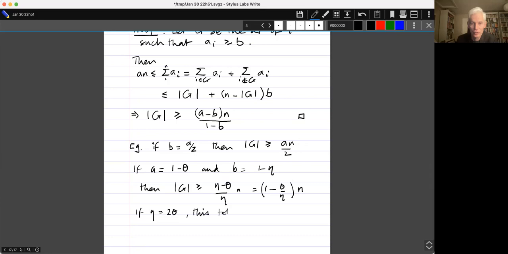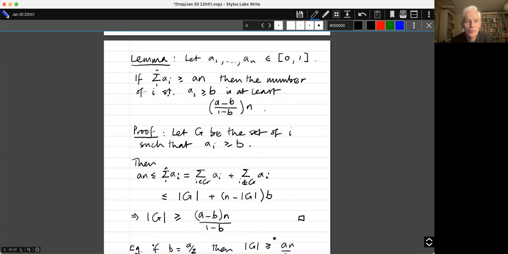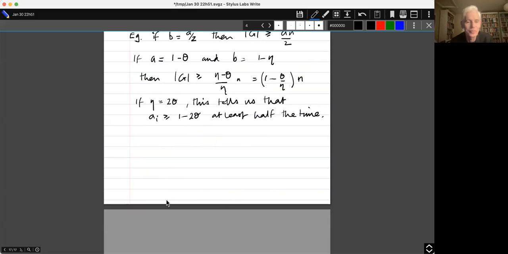This tells us that A_i is greater than or equal to 1 minus 2 theta for at least half the values of i, because then 1 minus theta over eta will be at least a half. Okay, so I always feel it's a little bit of a failure ever to use this lemma, but I'm going to use it a couple of times in what follows.